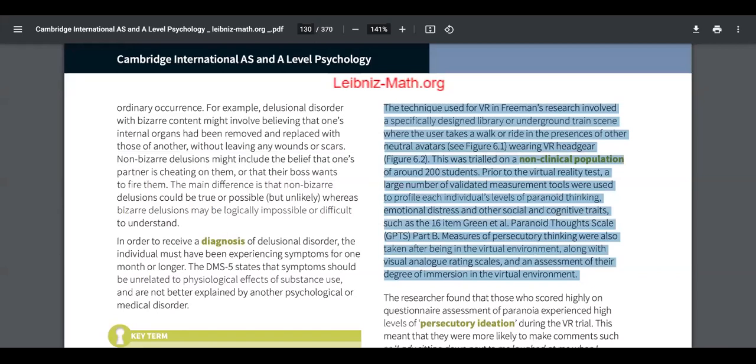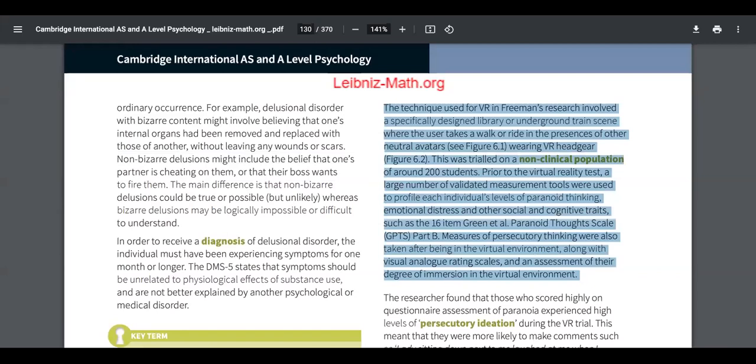And they wanted to see whether, after the virtual reality, if your score is high, you would respond to the other neutral avatars as a more paranoid person, in the sense of thinking that person was hating me or something like that. So a higher score just shows how paranoid and how delusional you are.